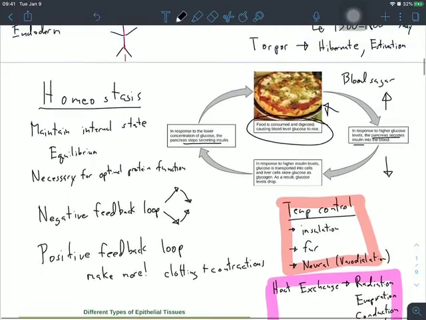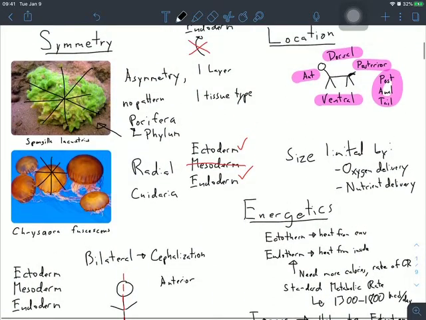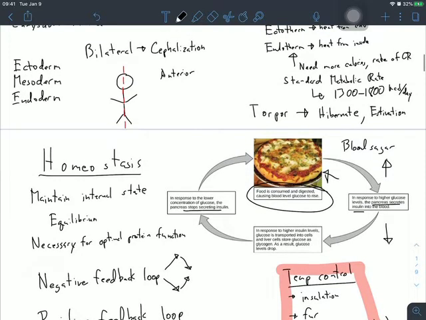So that gives us the background that we need in order to understand general body plans with symmetry, location, and the basic principles of energetics and homeostasis, so that way we understand why our different organ systems are doing what they do in order to keep our internal conditions ideal and very different from the external conditions.